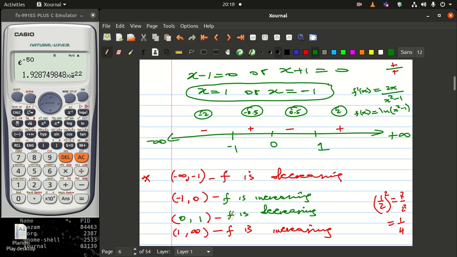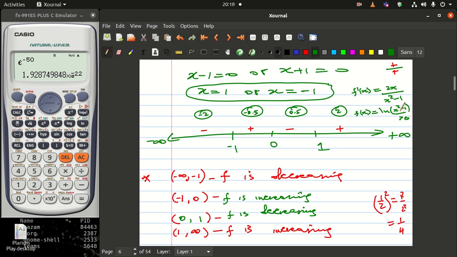From that interval, if the function is defined, it is decreasing. But the only thing that I want you to realize is that a natural log is only defined when what is inside is bigger than 0.